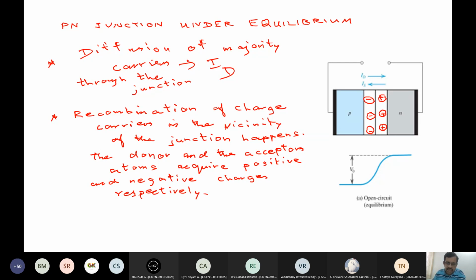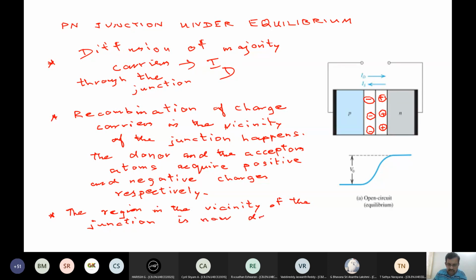Once the recombination happens, the region in the vicinity of the junction is now depleted of mobile charge carriers.